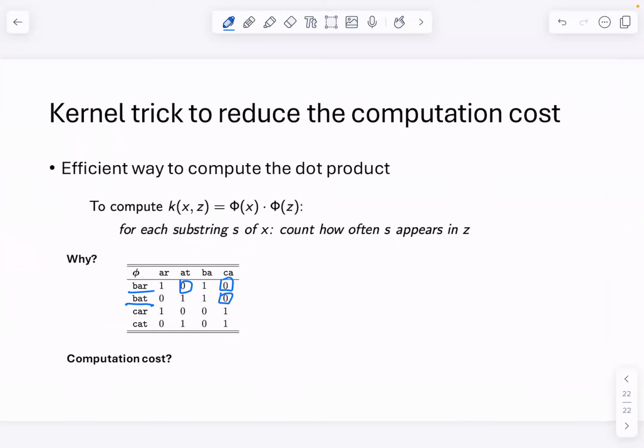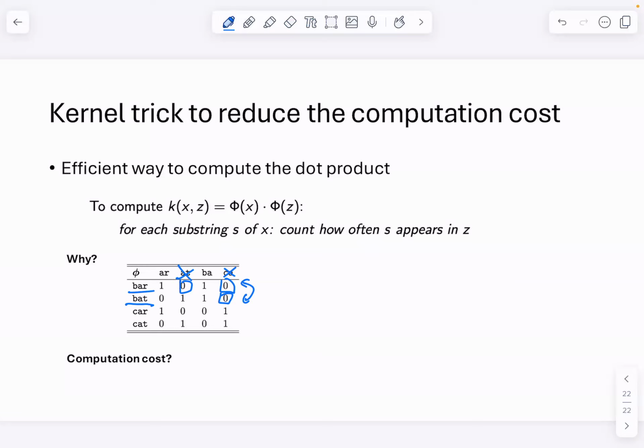When you compute the dot product between the two, you can just neglect all the features that are 0 in either of the words. So you can neglect this one because bat doesn't contain it, and you can also neglect CA because neither of them contains the substring.